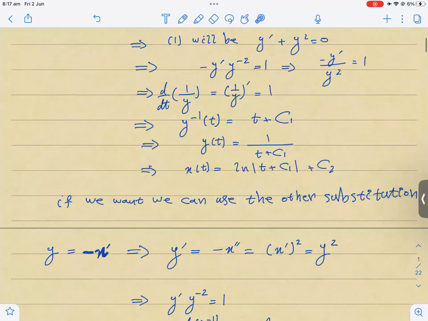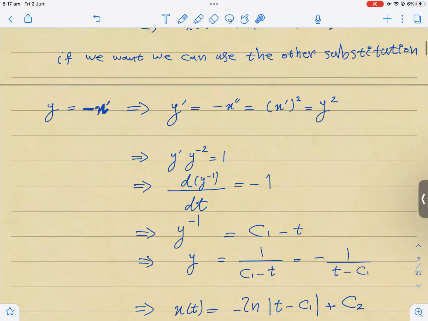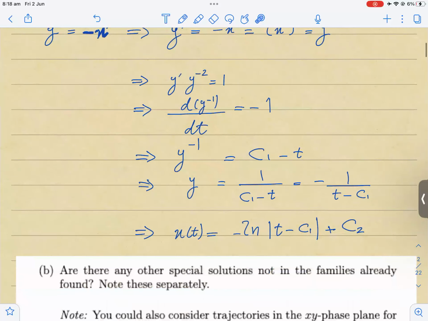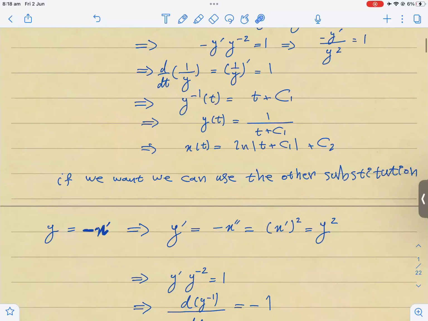And also we were able to obtain the equation by assuming this minus x prime rather than positive plus x prime. So we can do the same job and obtain x(t), but instead I obtain minus log, which is the same as this one except for the minus here.